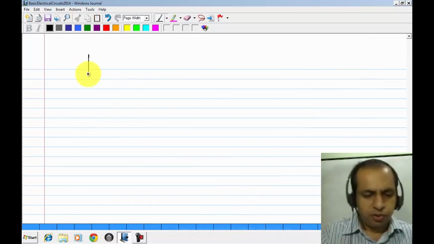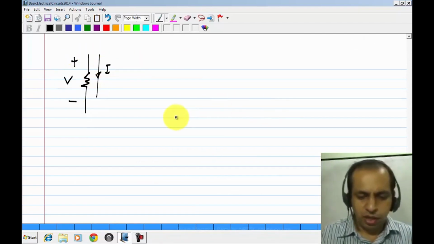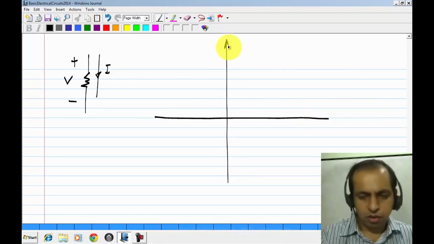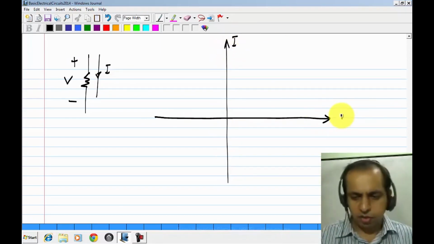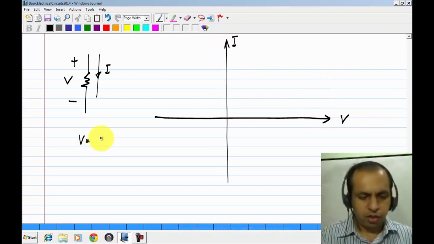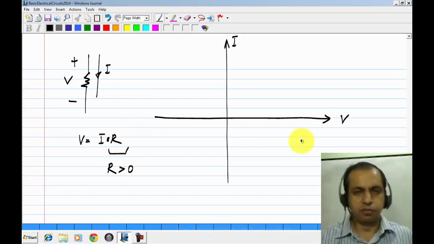Now, as before, we also sometimes depict the characteristics graphically. We have I and V, and V is given by IR, and if you take a physical resistor, the resistance will be positive.